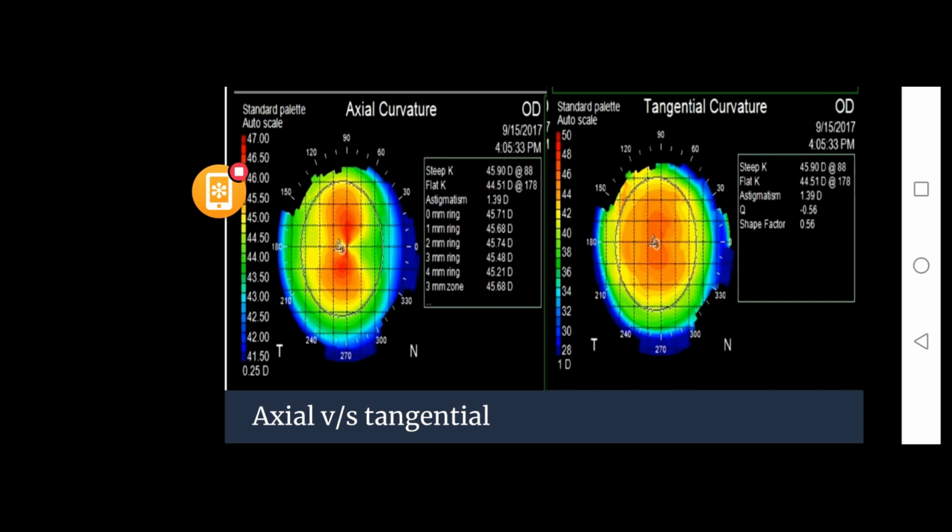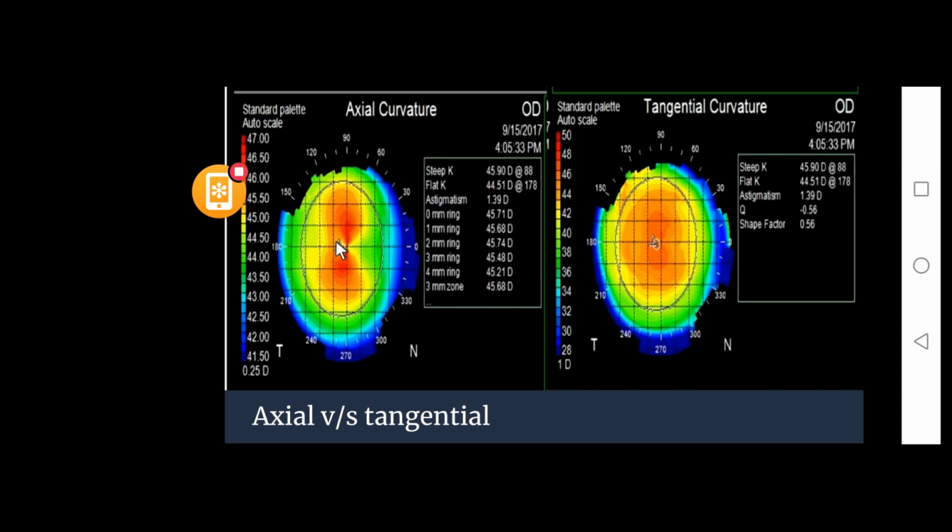The teacher does not classify the students based on that, but classifies based on one-to-one experience with the kids. Right. So in tangential curvature, suppose this region is steep, and suppose there is a flat region present over here. It will show you the flat region as well. Okay. So that subtle change is always visible on tangential curvature.